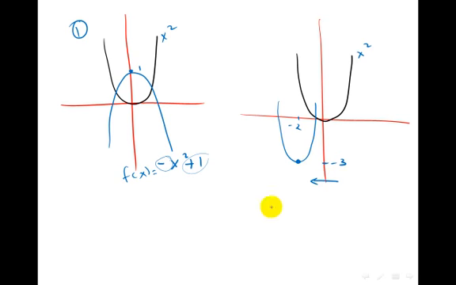By 3 units to the left. If you remember, we said x plus 3. We studied this in shifting. No, it's 2 units to the left, I'm sorry. So it's dragged 2 units to the left. So it's going to be x plus 2, and it's dragged 3 units down. Once something is shifted down, it will be minus 3. So here you can say g of x equals x plus 2, the whole squared, minus 3.